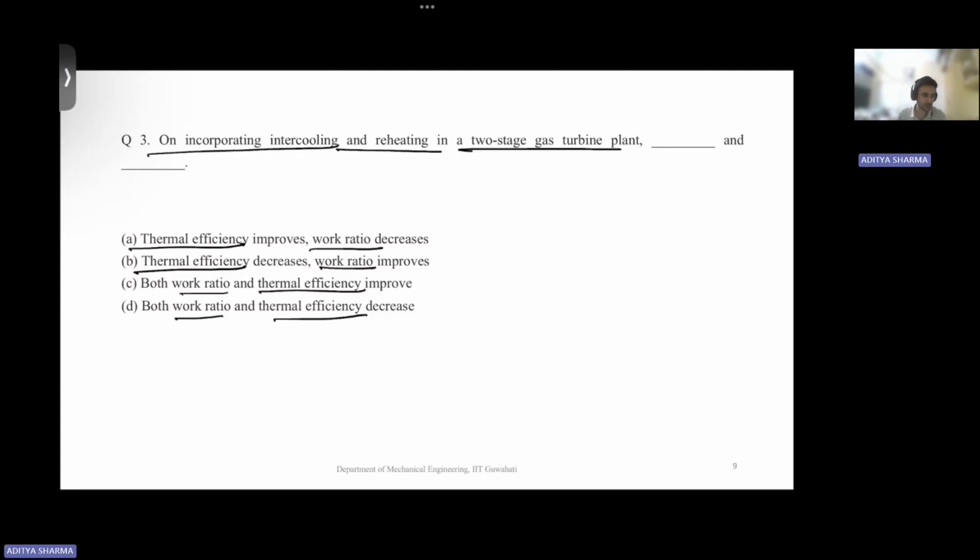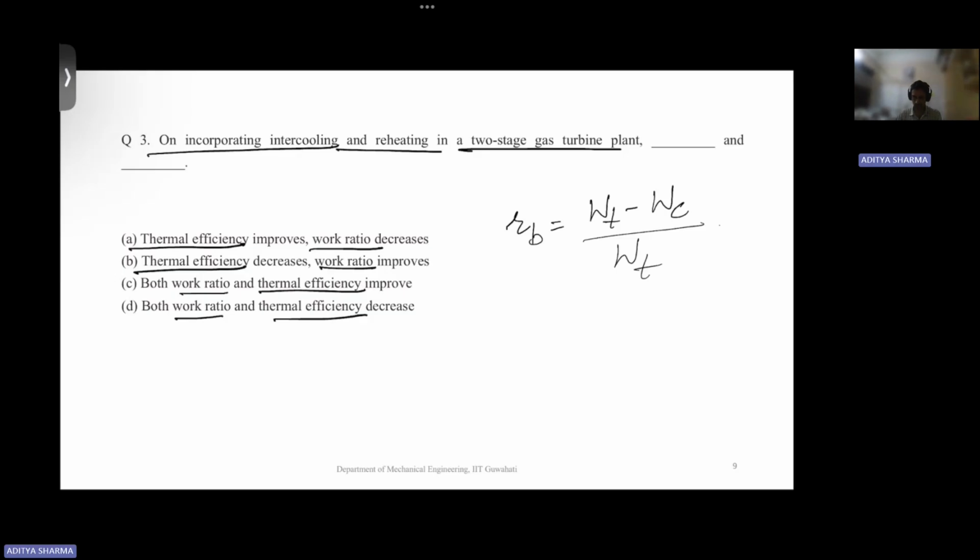So what is your work ratio? W net by WT.